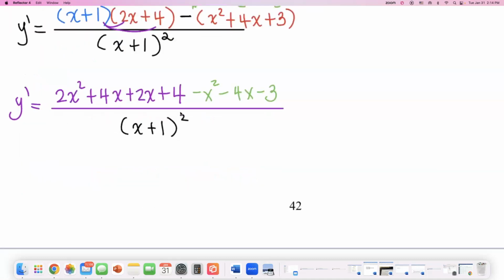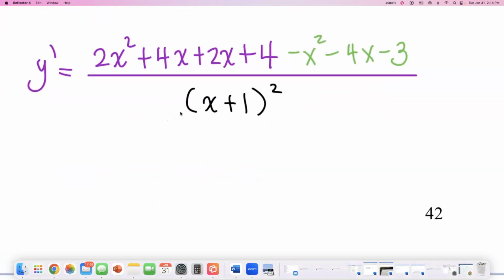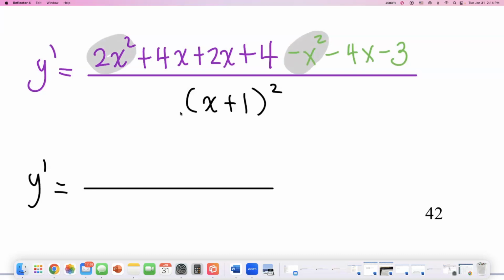All right, let's see if we have any like terms that we can combine for the numerator. Maybe if I combine the like terms, the fraction bar doesn't have to be that long. There is 2x squared, and there is 1x squared, but that's subtracting. So 2 minus 1 is 1, and I'll get 1x squared. There is positive 4x, and there is negative 4x.